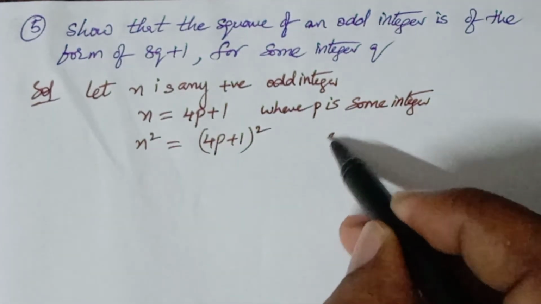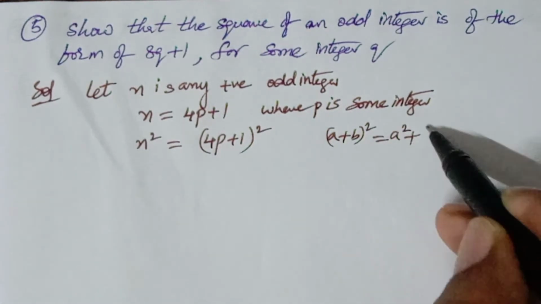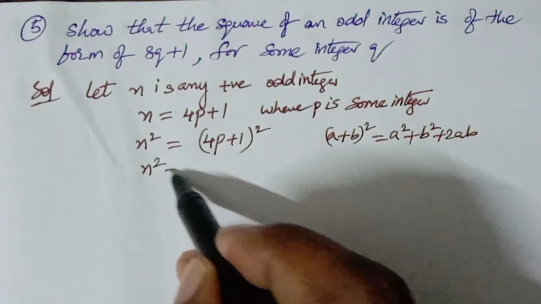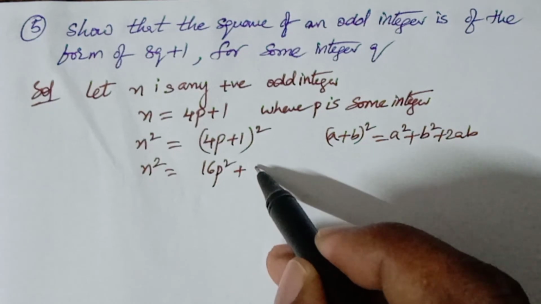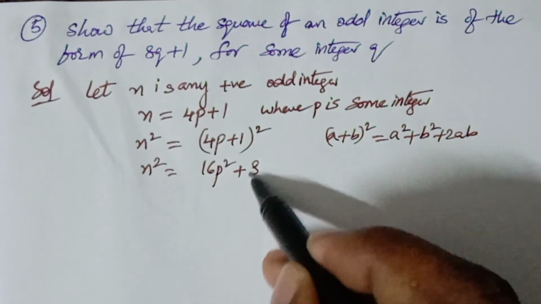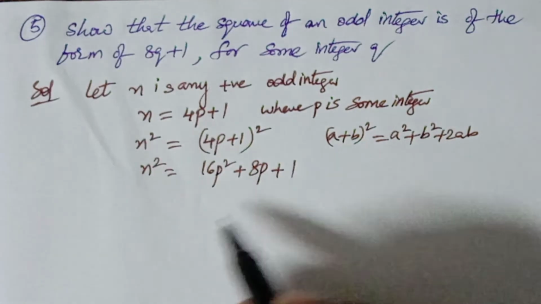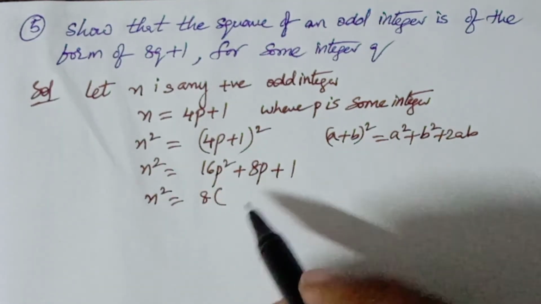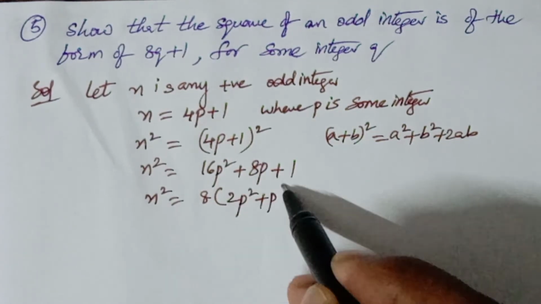So here you are using the a plus b whole square formula: a square plus b square plus 2ab. n square is equal to 16p square plus 8p plus 1. So n square is equal to, here you can take 8 common, 8 times 2p square plus p, plus 1.